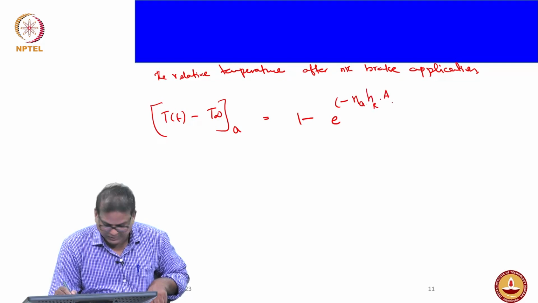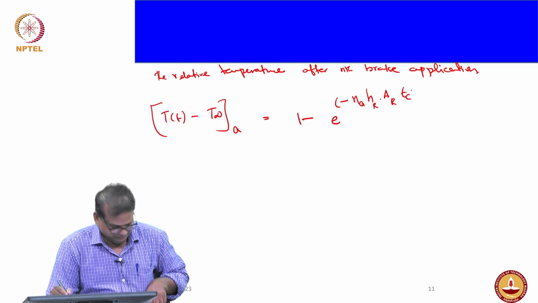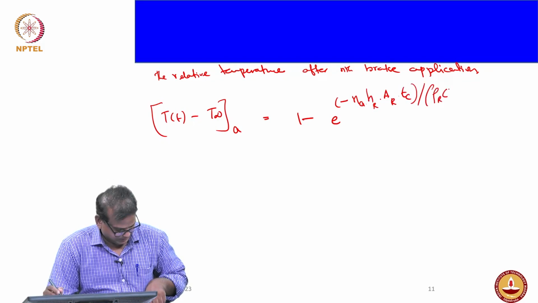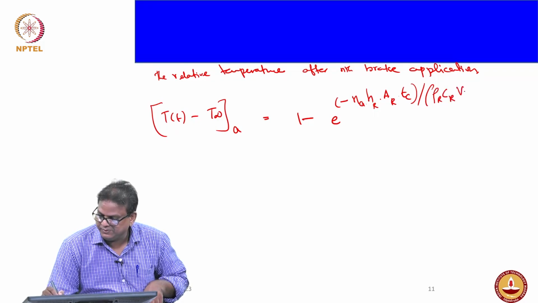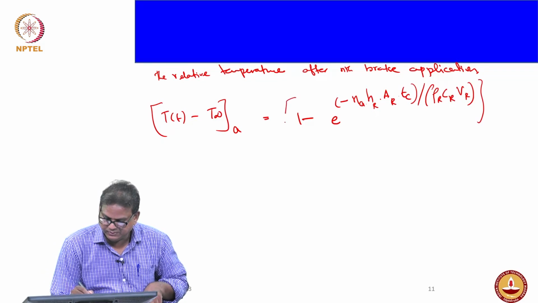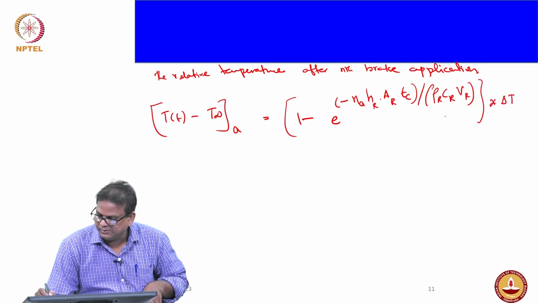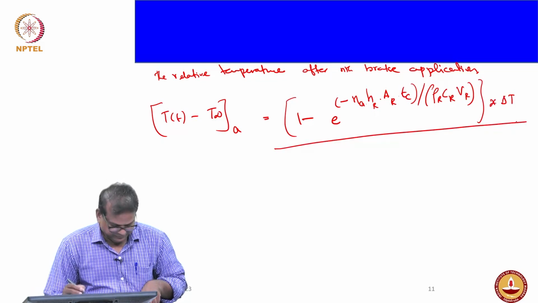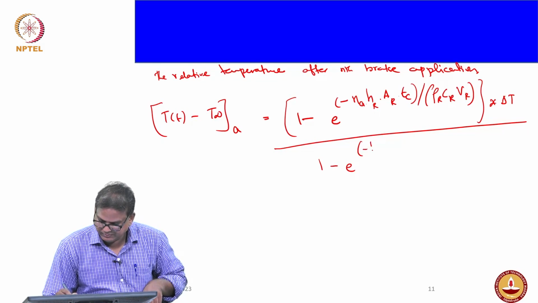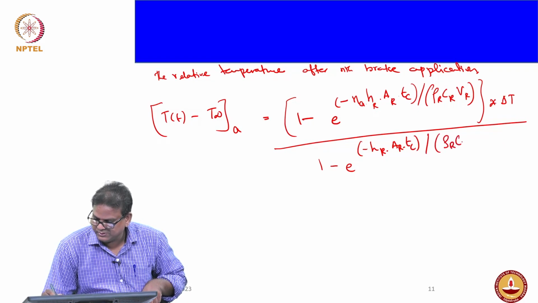HR, AR, TC divided by rho R, CR, VR, okay. So the whole thing into the increasing delta temperature T, then 1 minus e power minus HR, AR, TC divided by rho R, CR, VR, okay.